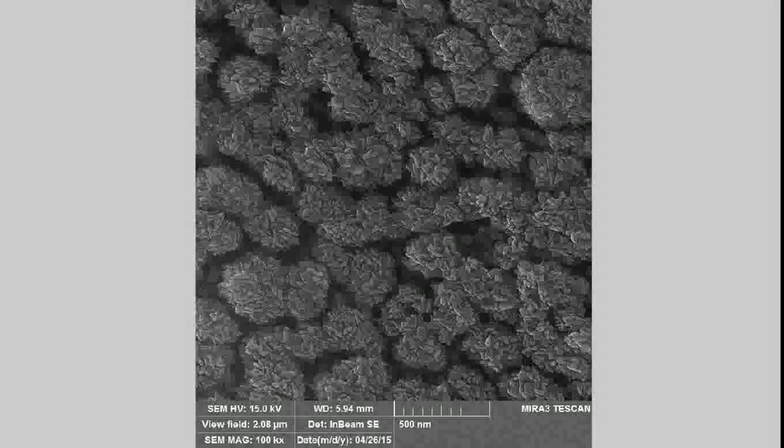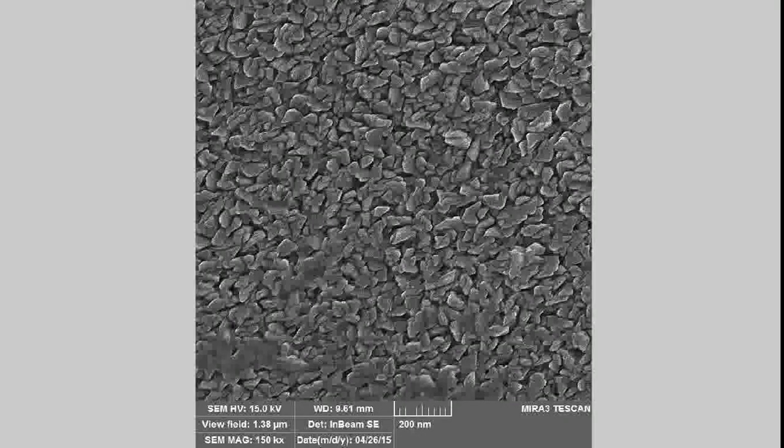And this image here indicates the morphology of the coating and of the coats. And here we have a closer look, and please notice the scale bar, it shows 200 nanometers. So it is clear that the coats possess a nanostructured morphology.